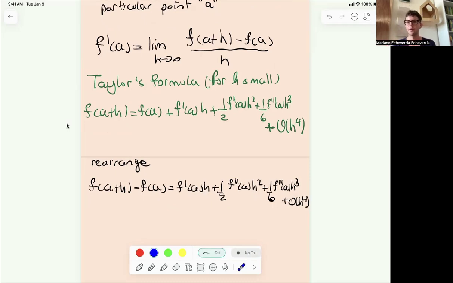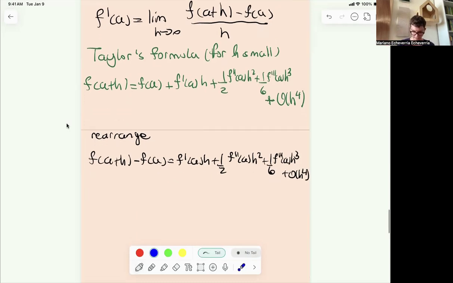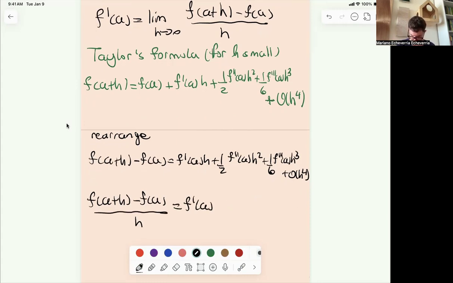So if you divide everything by h, you get that f of a plus h minus f of a, divided by h, is f prime of a plus 1/2 f double prime of a times h, right? Because now I divided by h, so there's one fewer h everywhere.